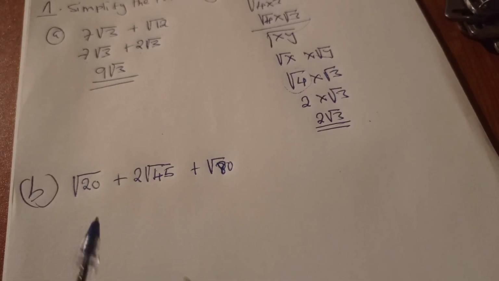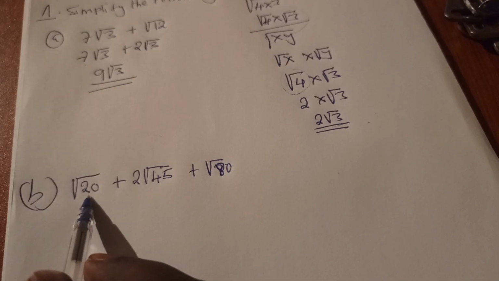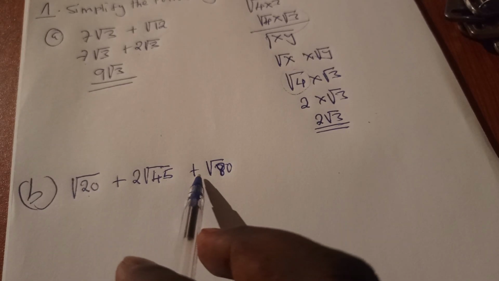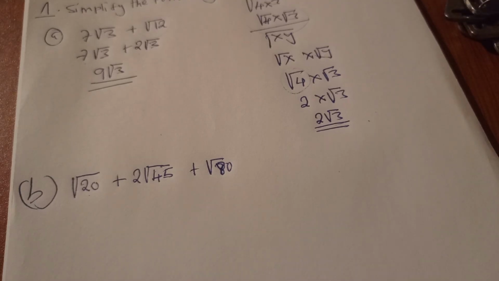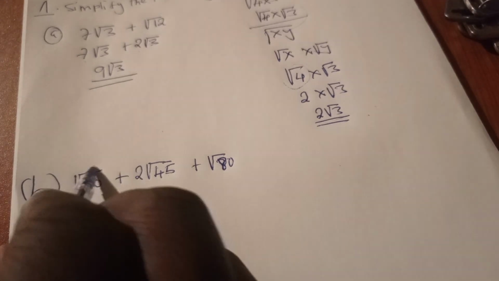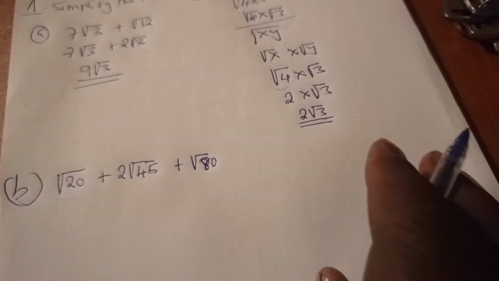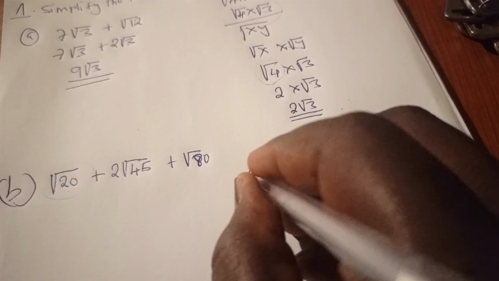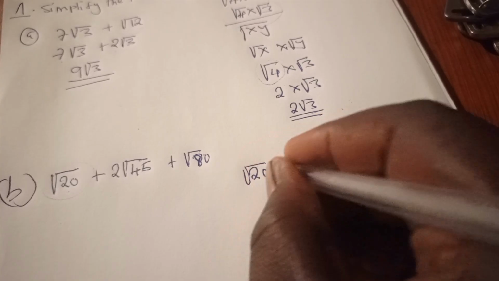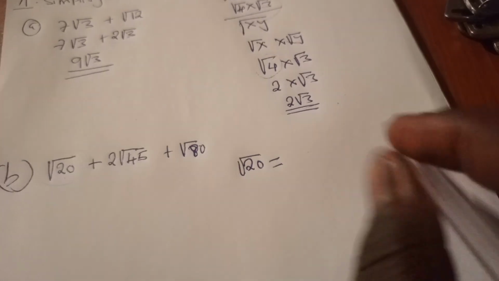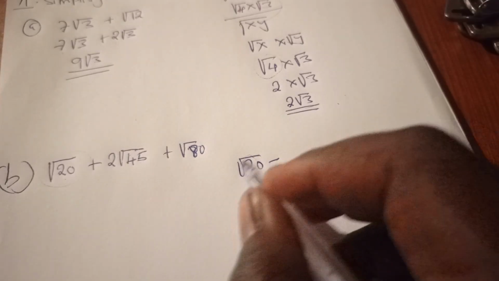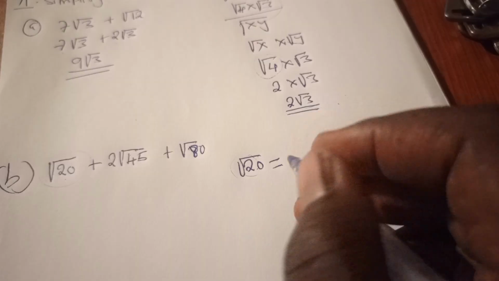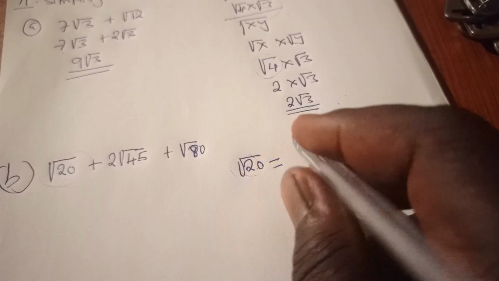So question B is the root of 20 plus 2 the root of 45 plus the root of 80. What I'll do here is start with this one first. I'll write it here and simplify it from here. The root of 20 is equal to... which two numbers can I multiply to get 20, where one of the numbers has a perfect square?